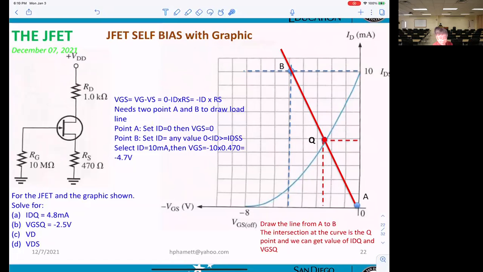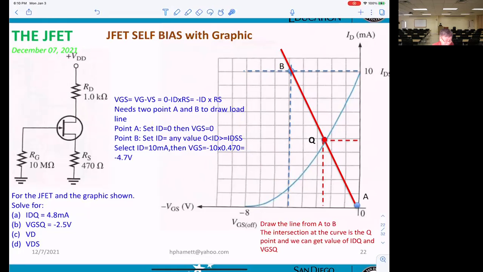So to get away from the graph, normally they give you this circuitry with the VD value. Then you can do the calculation without a graph.